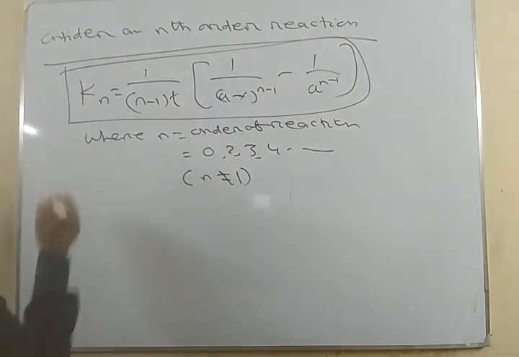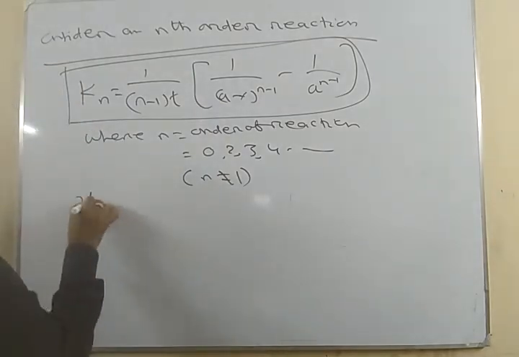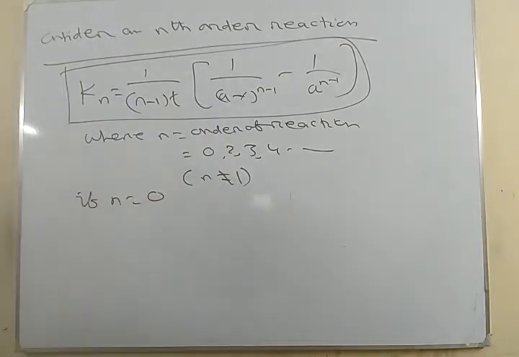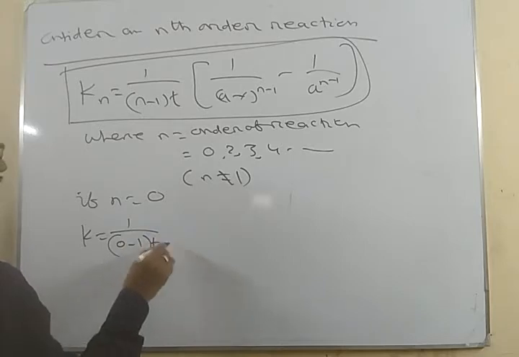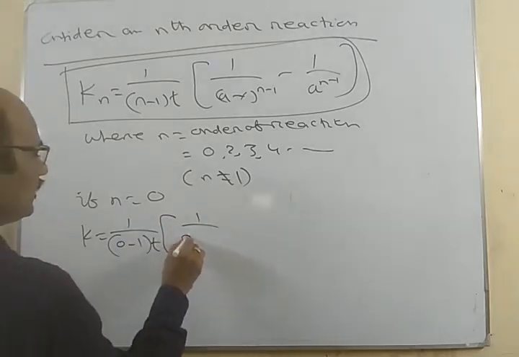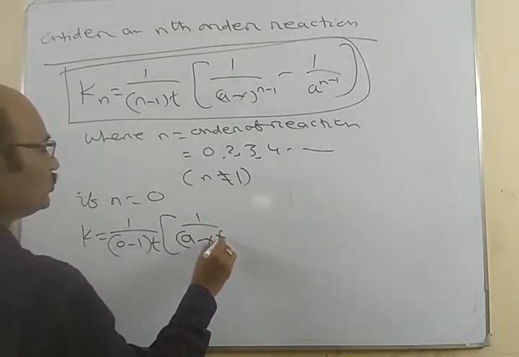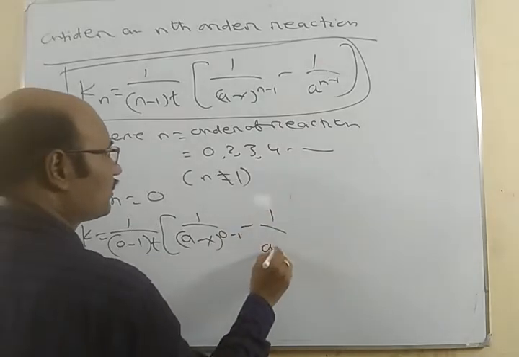Okay. So let's say suppose n equals 0, then k equals 1 by 0 minus 1 into t into 1 by a minus x power 0 minus 1 minus 1 by a power 0 minus 1.